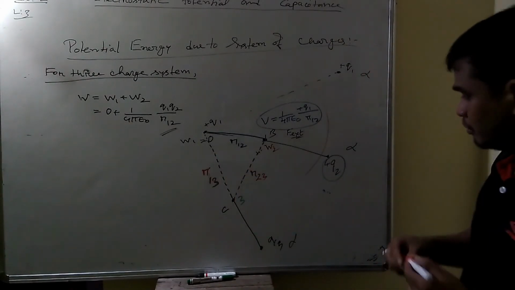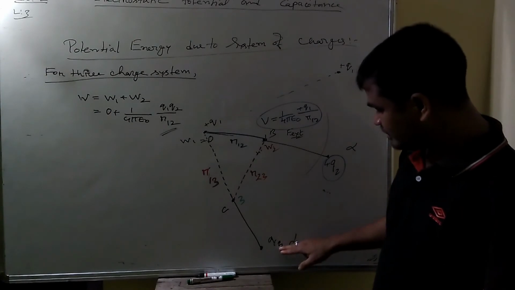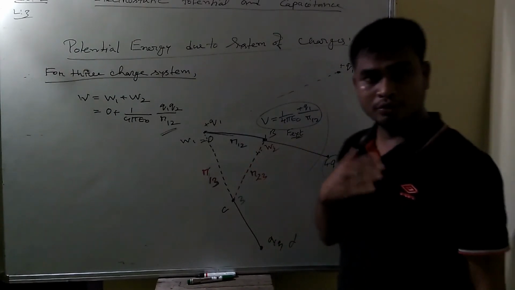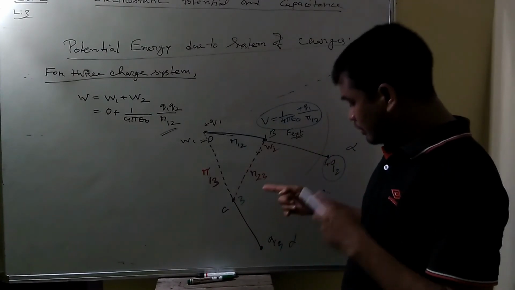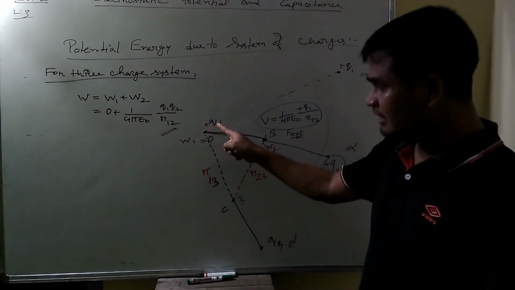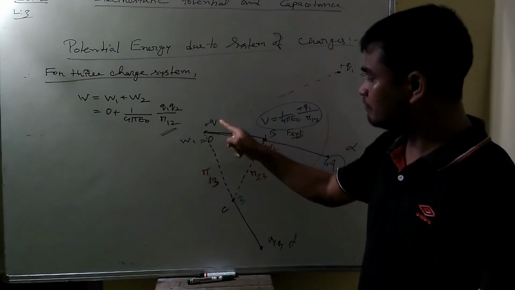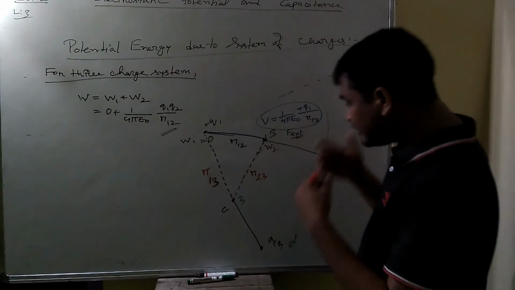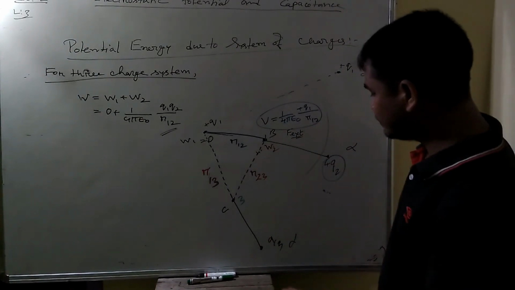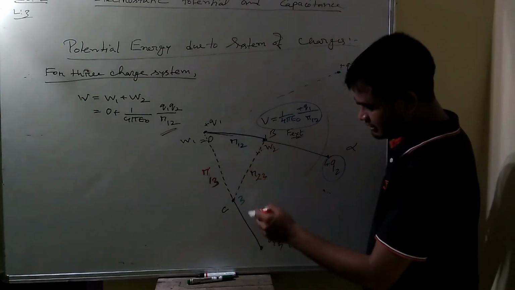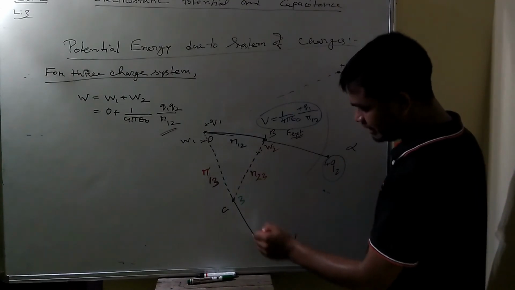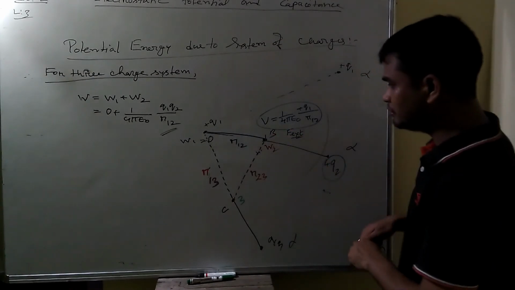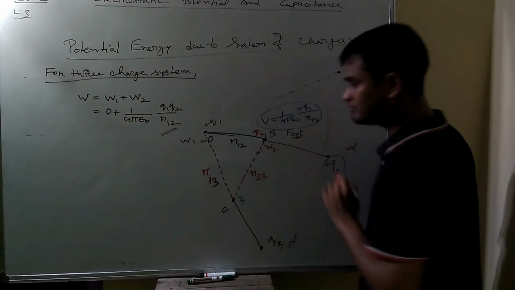Clear? Now, what do we have to do? We have to bring this charge Q3 from infinity to this position. We have to do work against the force of Q1 and simultaneously against the force of Q2, because Q2 is at this position.